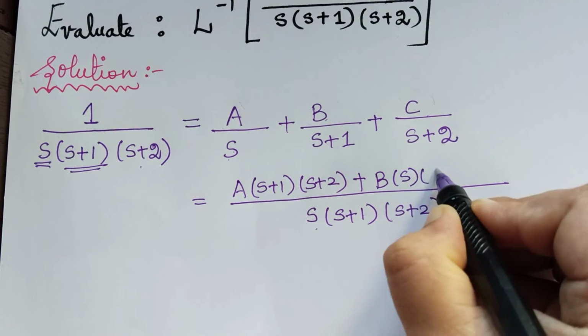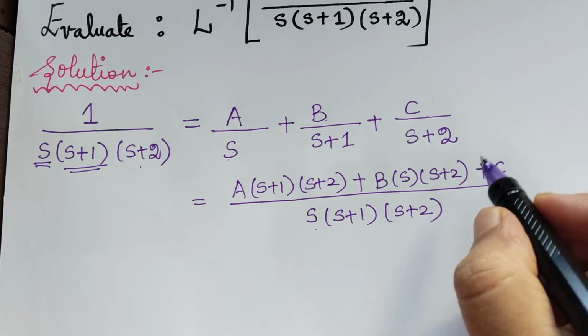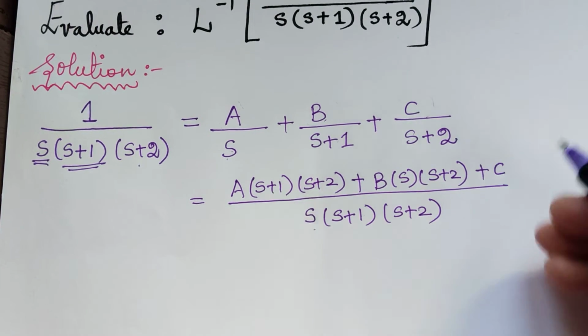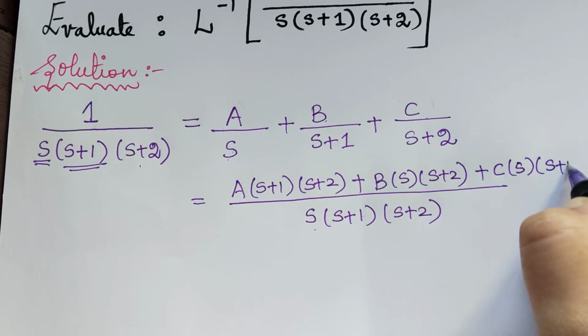And finally, C has to be multiplied with, we already have S plus 2, so the remaining two terms, that is, S and S plus 1.